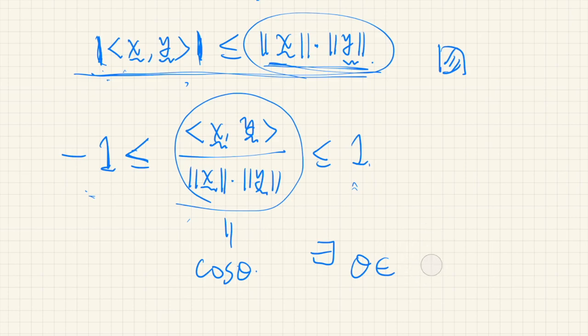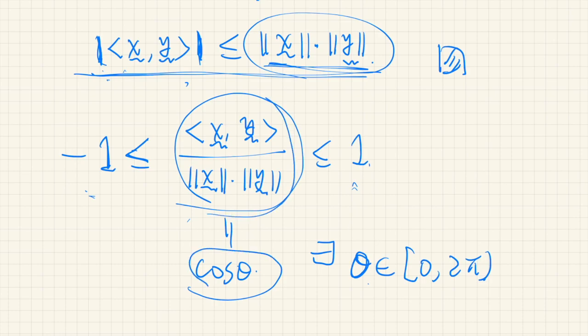Actually, it can be between, for example, 0 and 2 pi, or it can be in any range, but in any case, there exists some angle theta such that cosine theta is equal to this quantity. Therefore, by this, we can define the angle between two vectors x and y in any dimensional spaces.